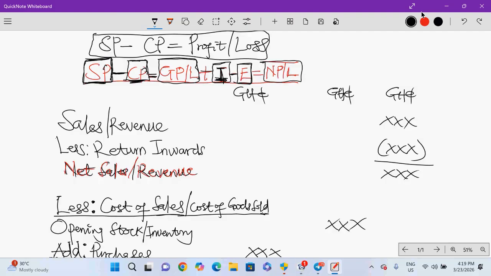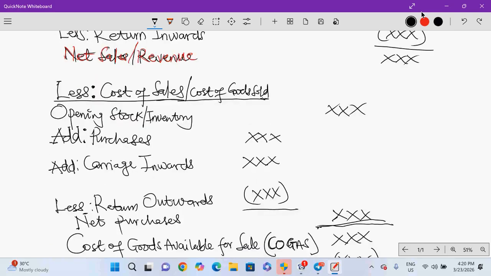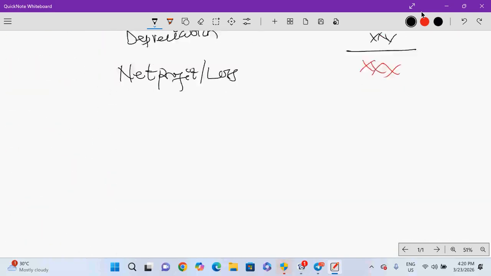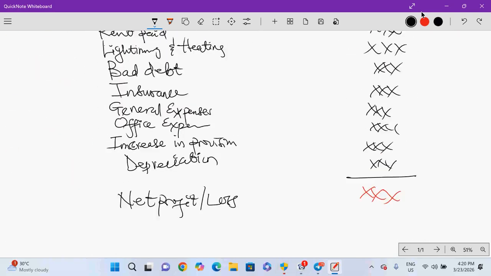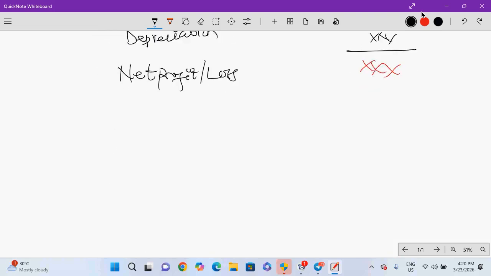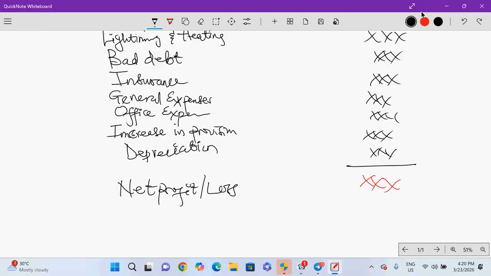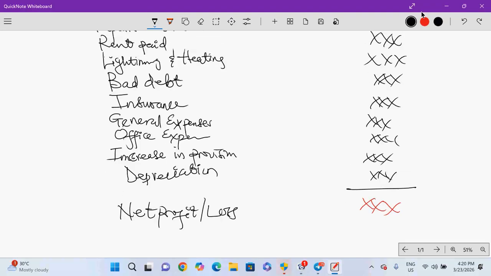Sir, I thought when we get all our expenses, that is going to be the total expense. Then we deduct it before we get the net profit. Okay, so the total expense we deduct from the gross income, right?